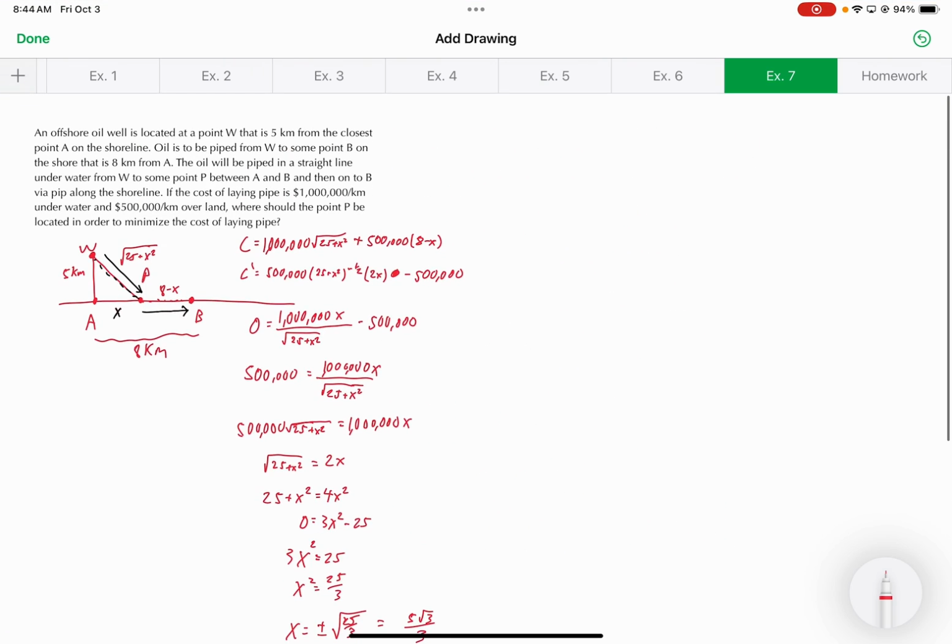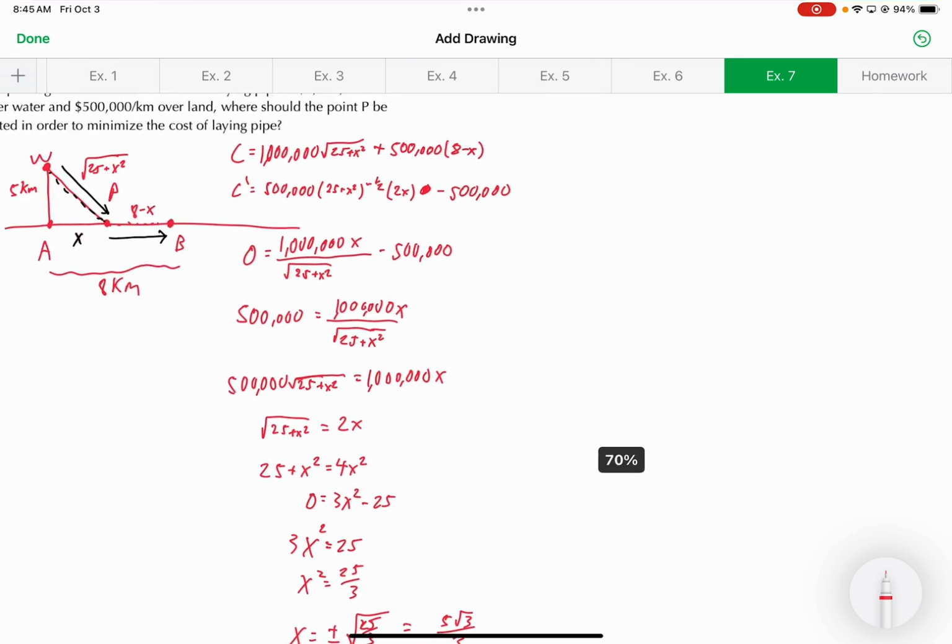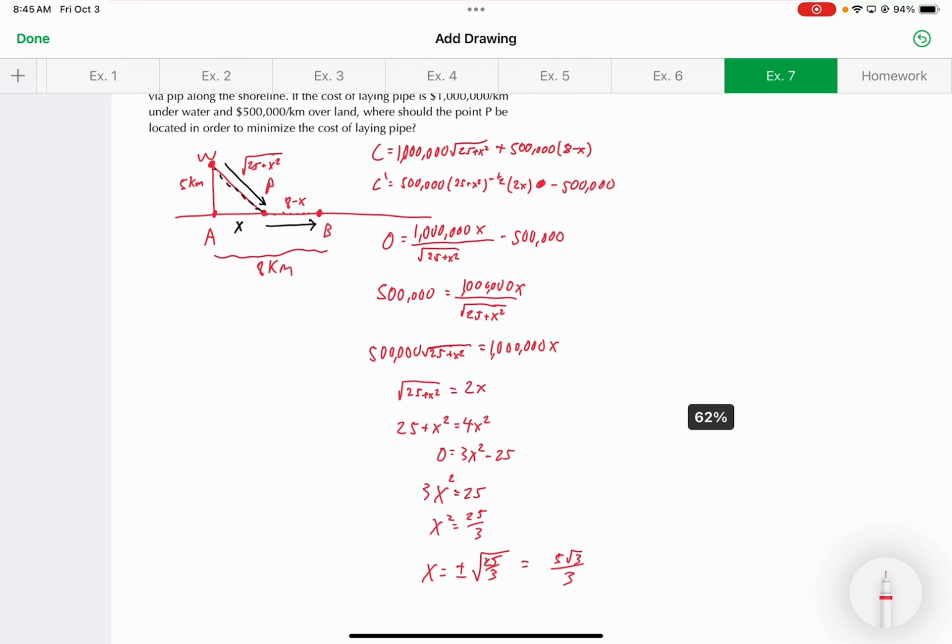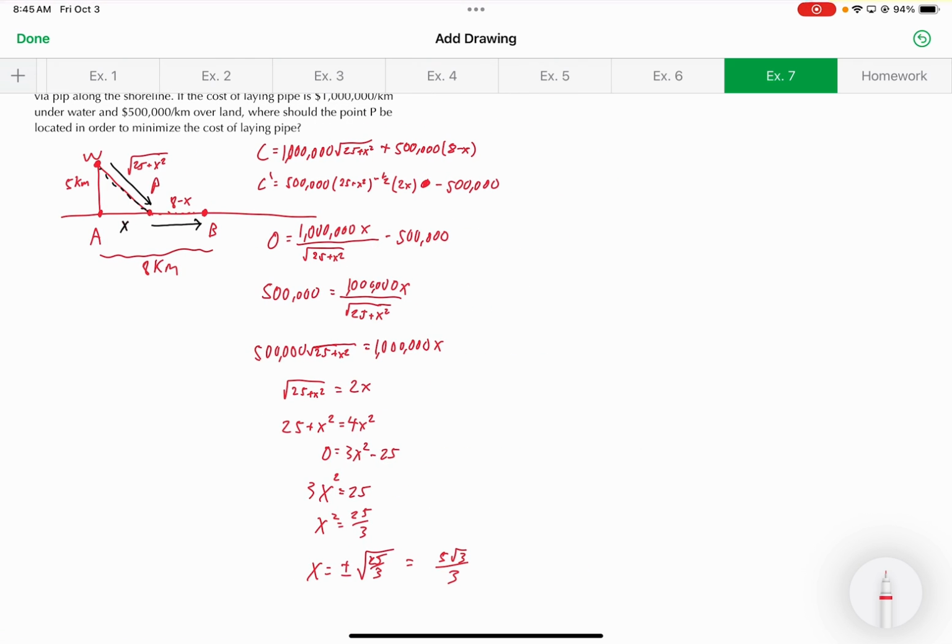So then we want to find, that's our x-coordinate, right? And then we would want to find what the cost of constructing that pipeline would be. So then we should plug that into our original equation and find what the cost is. But I think we get where that's going, right? We good? Okay.